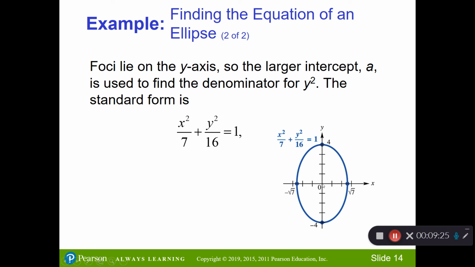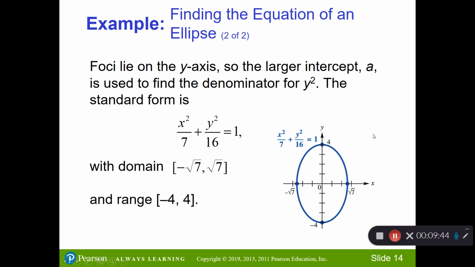So we're going from the center of 0, 0, up 4, down 4, and then left and right square root of 7. Now notice that the focus is along here. That's that 16 minus 7, which is 9, square root, so at 3 and -3. Now our domain is -√7 to +√7, and the range is -4 to 4.